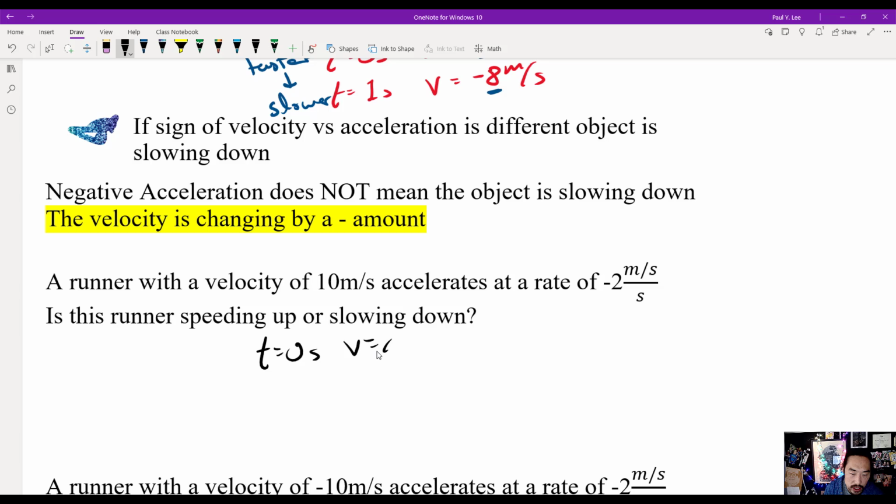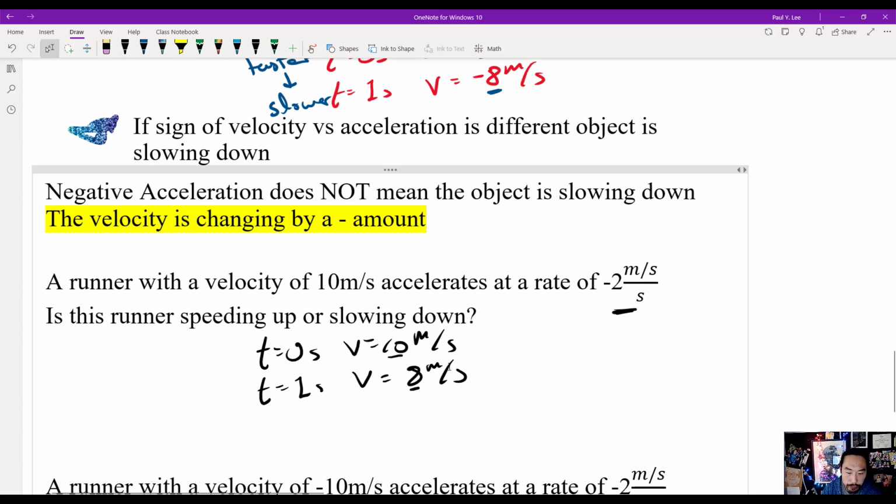The velocity is 10 meters per second, and after 1 second, the acceleration is -2, so we're changing by a factor of -2, so your v final would be 8 meters per second, right? So we went from a fast speed of 10 meters per second, and we slowed down to 8. So we slowed down there.